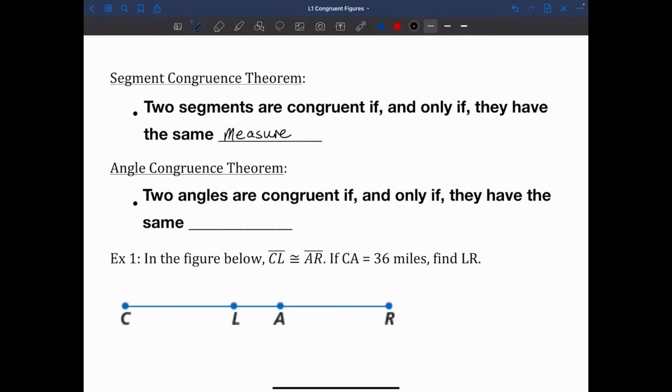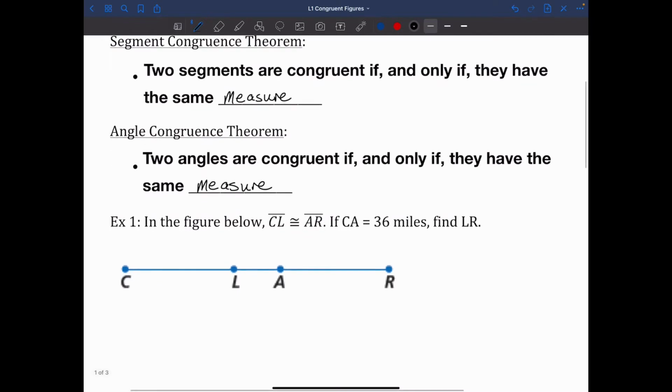I can't say that this one's 5 centimeters and this one's 2 centimeters. Those are not the same, so they wouldn't be congruent. Same thing goes for angles. 2 angles are congruent if and only if they have the same measure. I know we just filled in the same thing for both because they're pretty similar. You can only be congruent if you have the same measure as what you're trying to be congruent to.